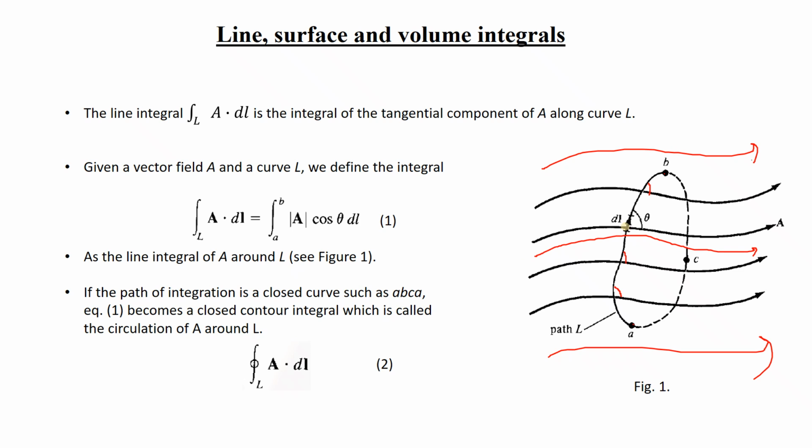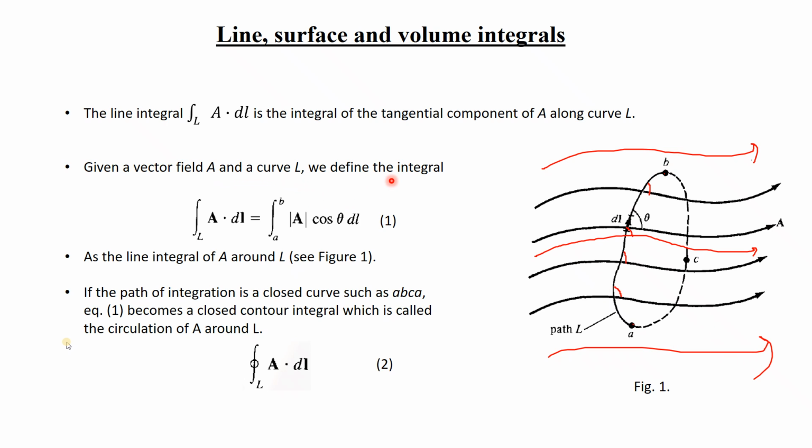At every segment, however many segments you divide into, you will have different values of theta. So A value is constant, dl is also constant, but theta will change, and depending upon that you have to integrate. This is the representation of the line integral of a vector.